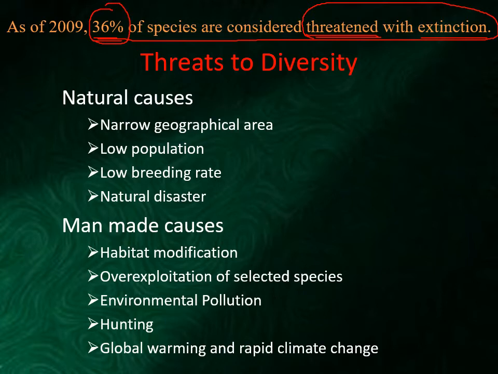So if in the present day there are 100 species, then within these 100 species 36 species are either extinct or soon to be extinct, that is they are completely threatened, that is they are on the verge of their death from the earth history.